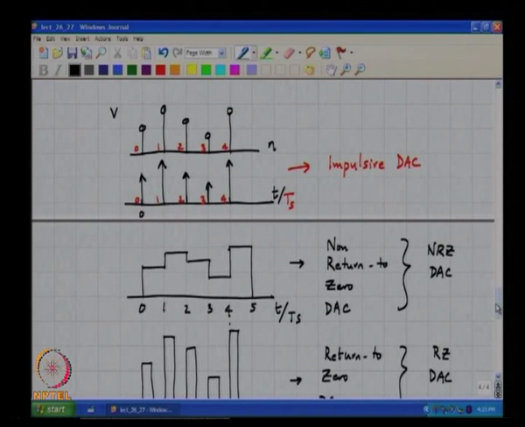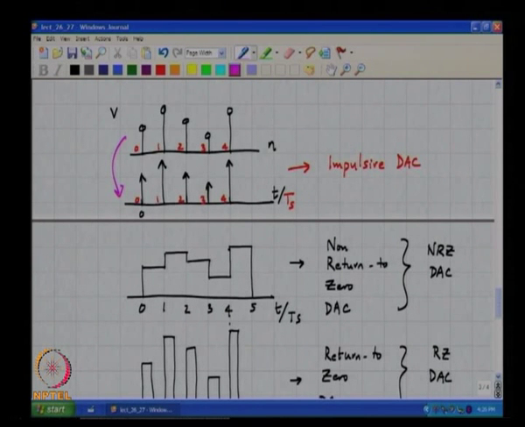One obvious question is, what is the difference between all these waveforms, or why would one want to do one versus the other? First of all, can you comment on how one can relate the spectrum of the discrete time sequence to that of this impulsive DAC output?